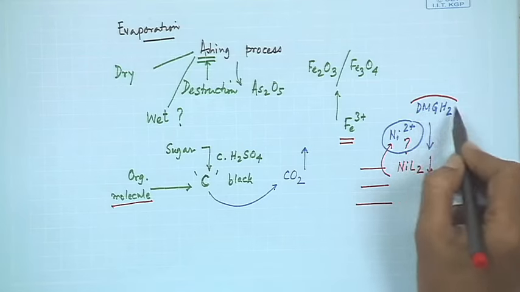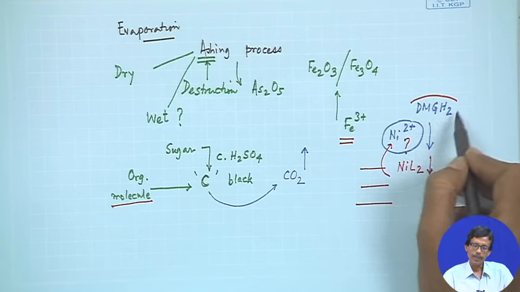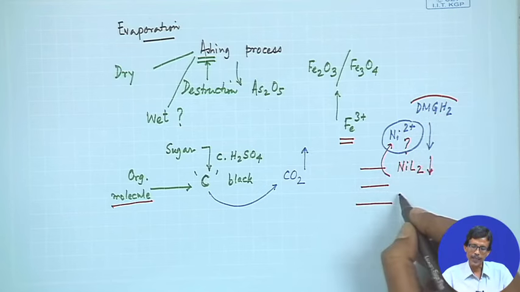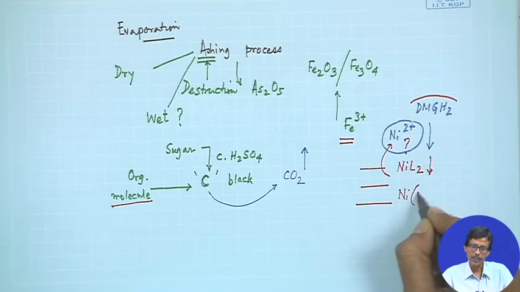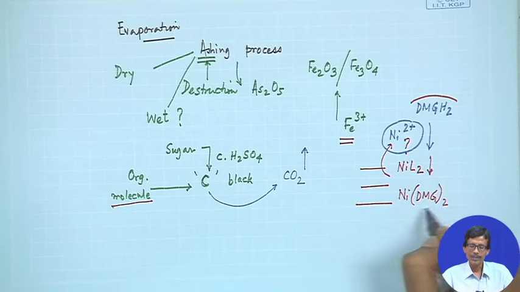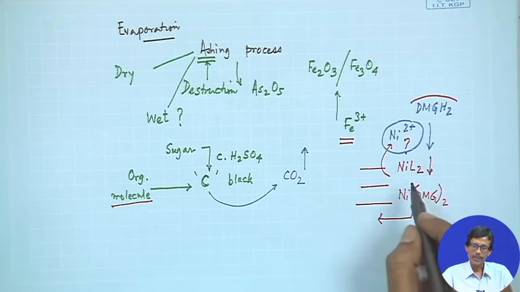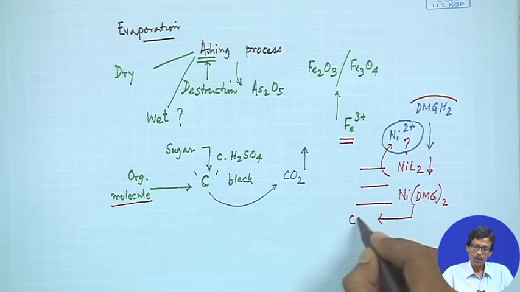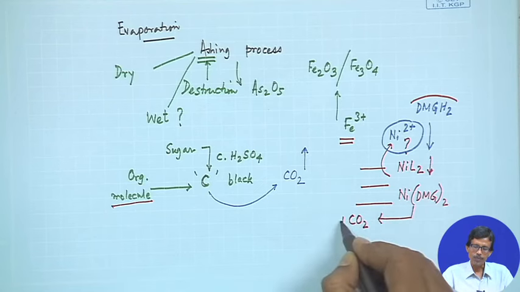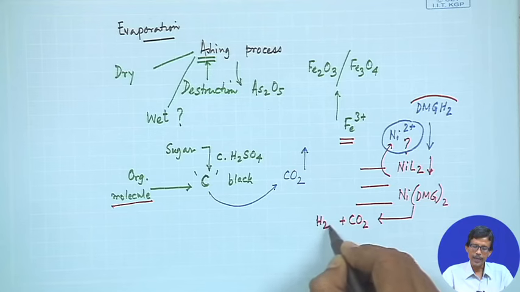That means this organic molecule, DMGH2, when it is bound to NiL2, is in the form DMG, where one proton is lost, so it is singly negatively charged, balancing the dipositive charge of the nickel. So, you have to destroy this entire DMG by treating with that combination of acids to oxidize it to CO2 and H2O.